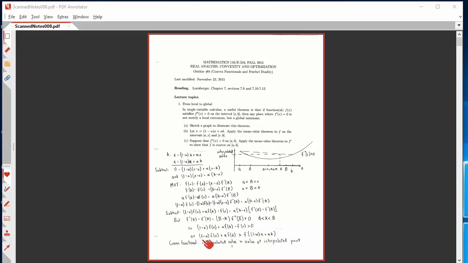And my conclusion is that 1 minus alpha times f of A plus alpha times f of B, which I think of as the interpolated value.